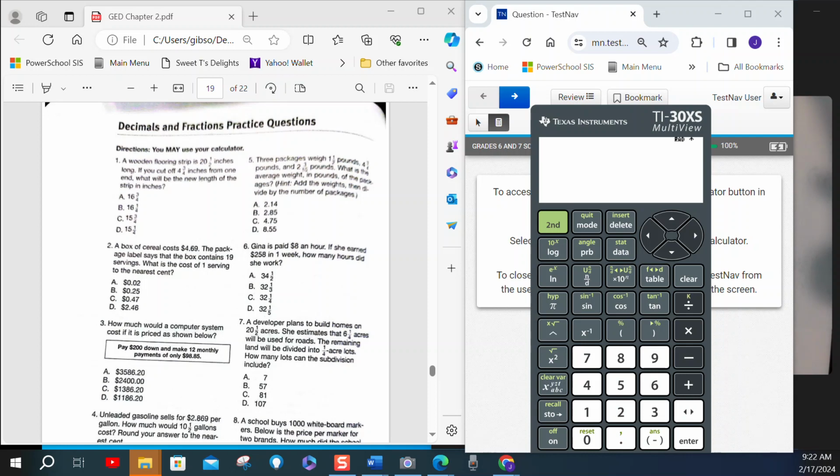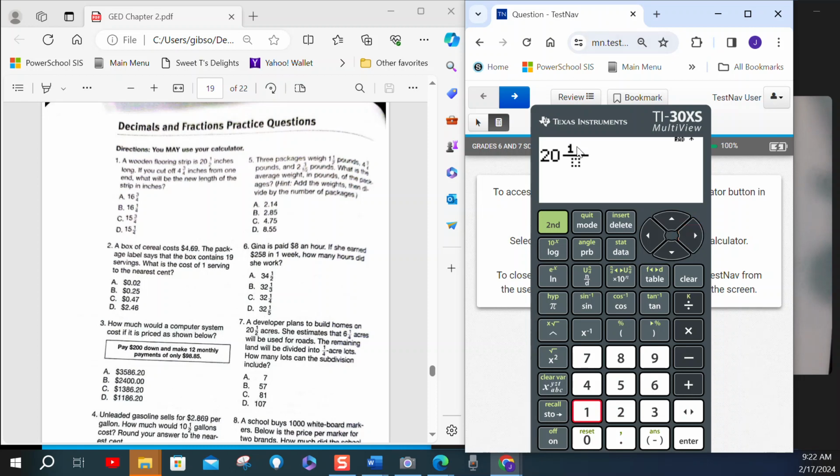It says a wooden flooring strip is 20.5 inches long. If you cut off 4 3/4 inches from one end, what would be the new length of the strip in inches? So basically, this is a subtraction problem. What we would do here is take our mixed number. So we hit second and N over D, and we add 20 with the arrow once.